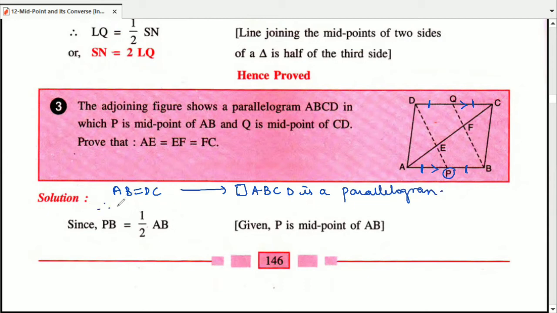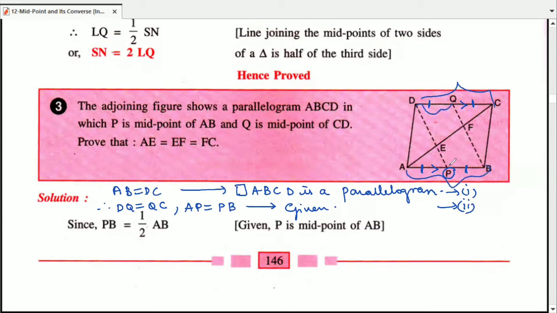So here DQ is equal to QC and AP is equal to PB. This is given. So from 1 and 2, we can conclude that now these two sides are equal, so definitely DQ is equal to PB.